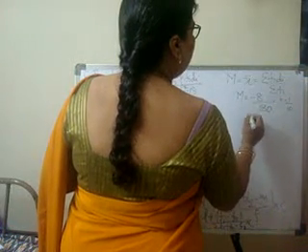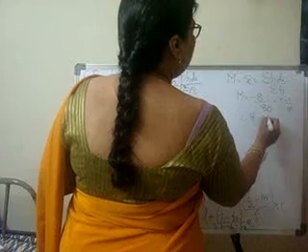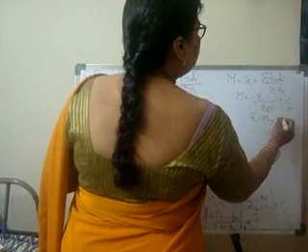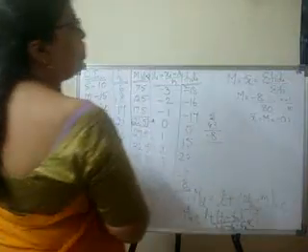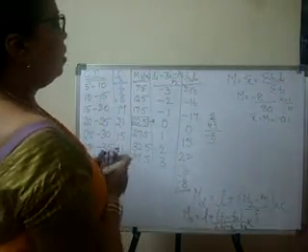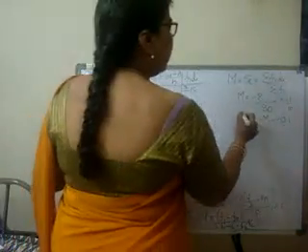Therefore, X bar, the mean in terms of D, equals minus 0.1. So this is your mean.